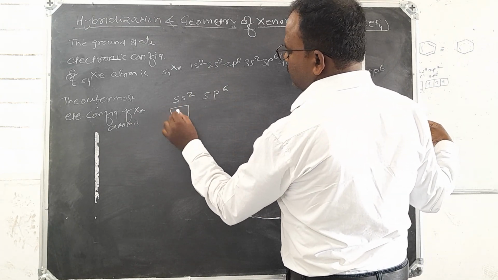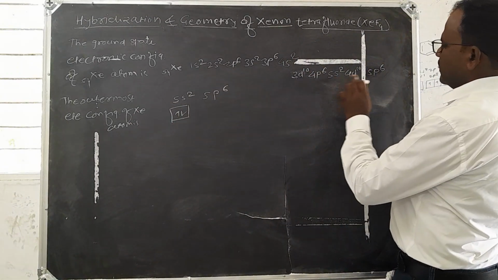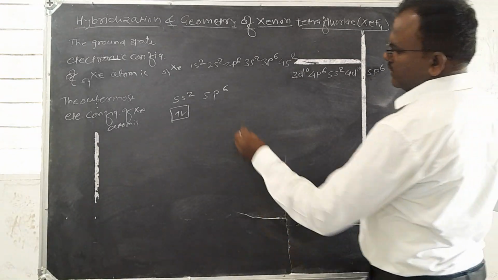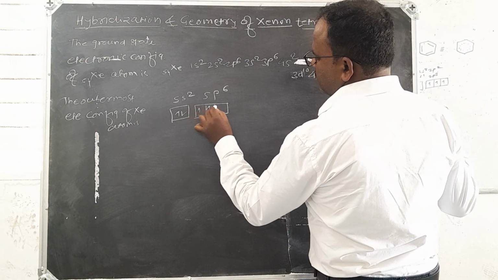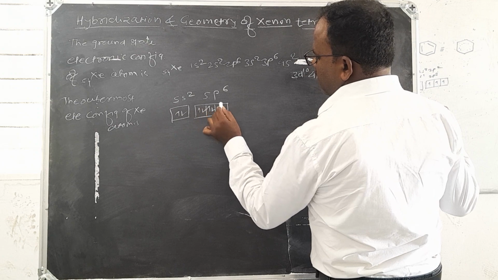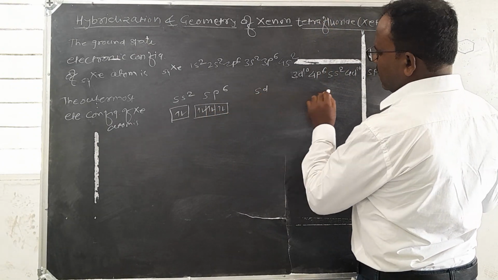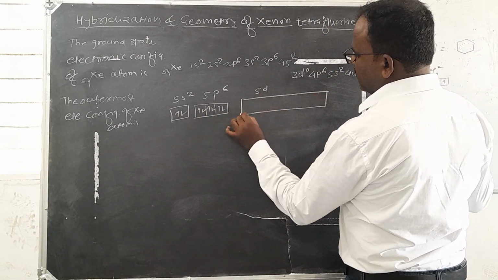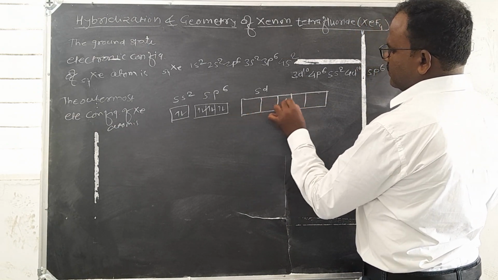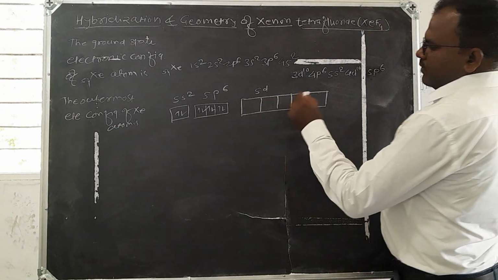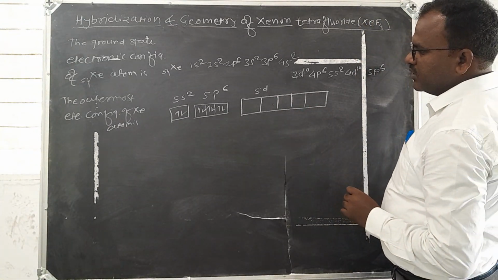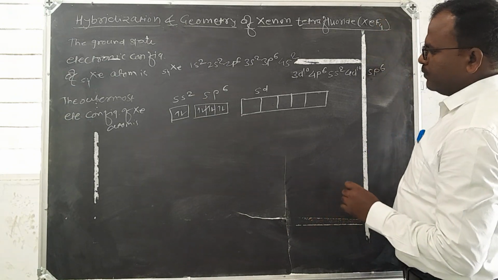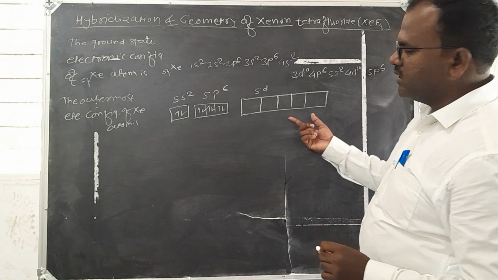Here two electrons are present in the outermost shell in 5s, and in 5p the number of electrons is 6. The next available orbital is the d orbital. In the d subshell, 5 orbitals are present, and these are vacant orbitals.